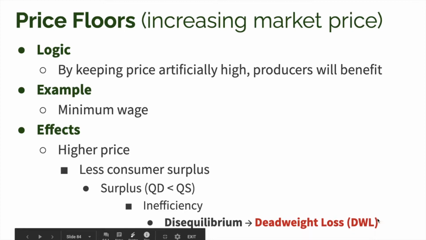DWL is how we commonly denote dead weight loss. Dead weight loss is a red flag that we are at some kind of inefficient point in the market. We're not achieving the socially optimal outcome. We're not achieving the allocatively efficient or best outcome in that market.